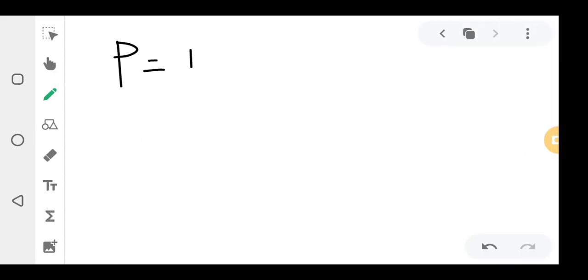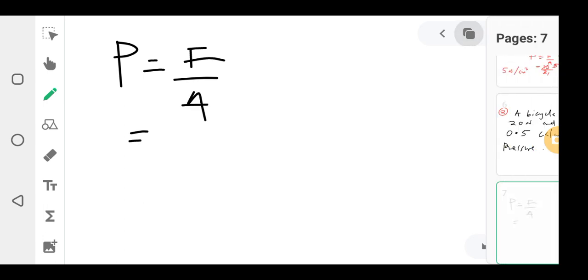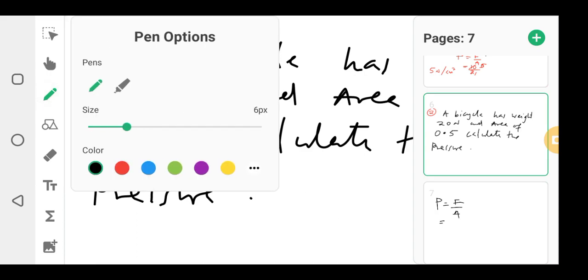The first thing you write, pressure is equal to force over area. What is the force? You go to your question and look at the force.